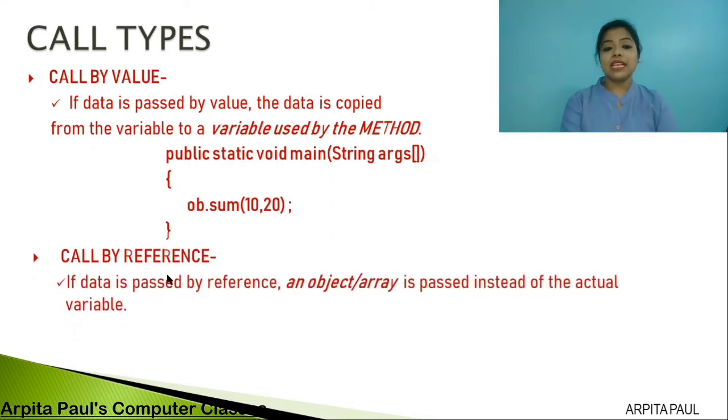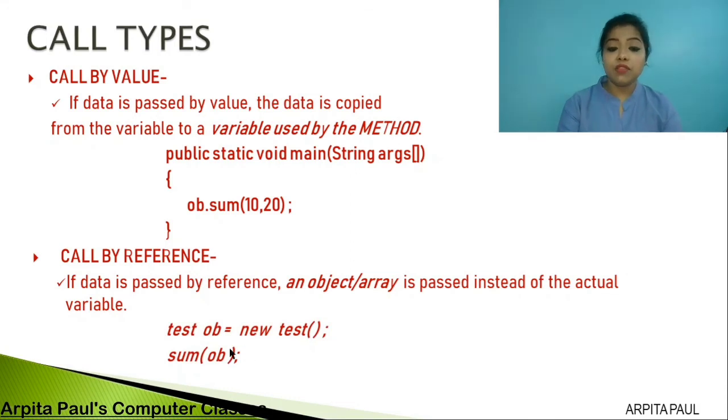Now moving on to the next one, that is call by reference or pass by reference. Here if the data is passed by reference, an object or array is passed instead of the actual variable. Now see the example here. Here we will create the object. In case of call by value, we create the object, and using the object we call the method and provide the values within the method as argument or parameter.